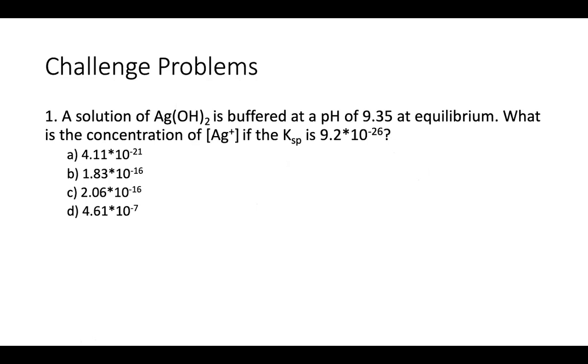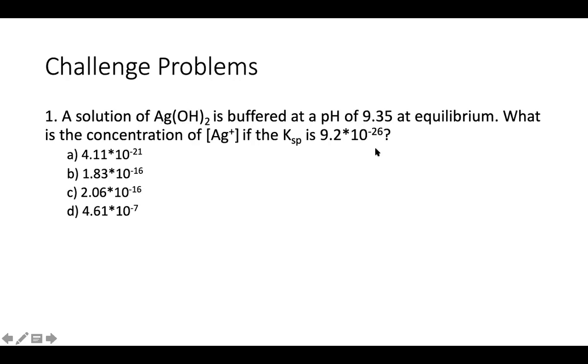Okay, so here we're told that we have a solution that's made out of silver hydroxide, and the pH of the solution is 9.35 at equilibrium. This question isn't written the best, but what I really wanted you to note is that this 9.35 pH is directly due to the dissociation of silver hydroxide.